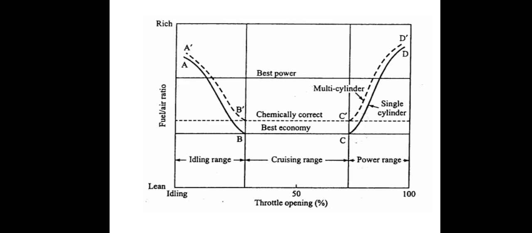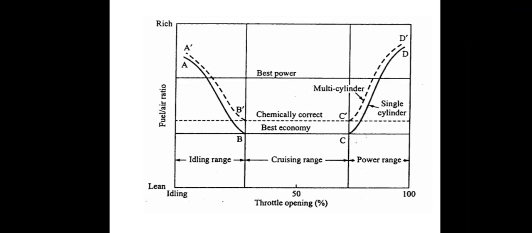Third is the high power range. During high power operation, when the engine is operating with a fully opened throttle, the engine requires a richer mixture.